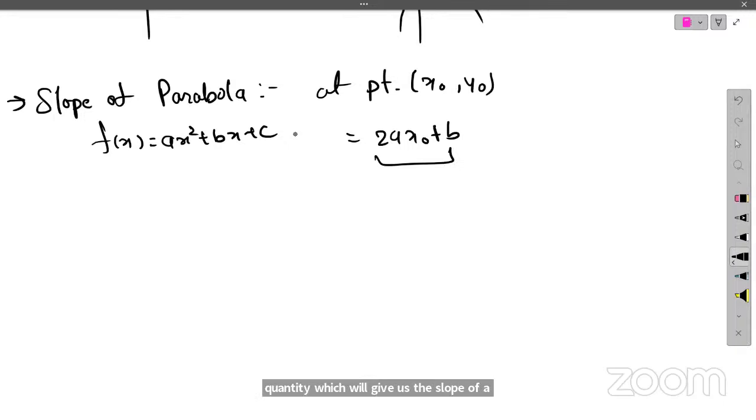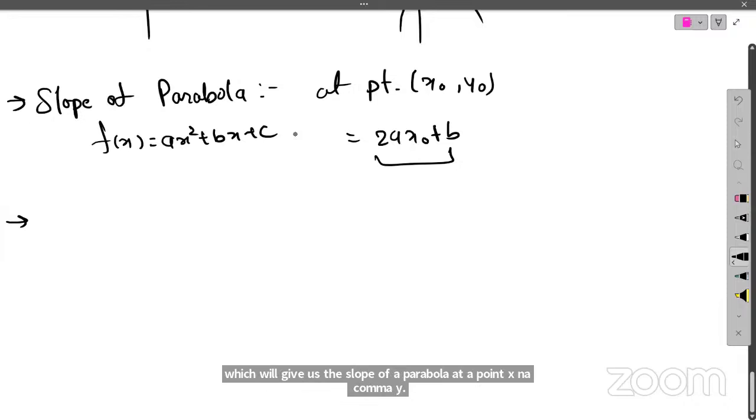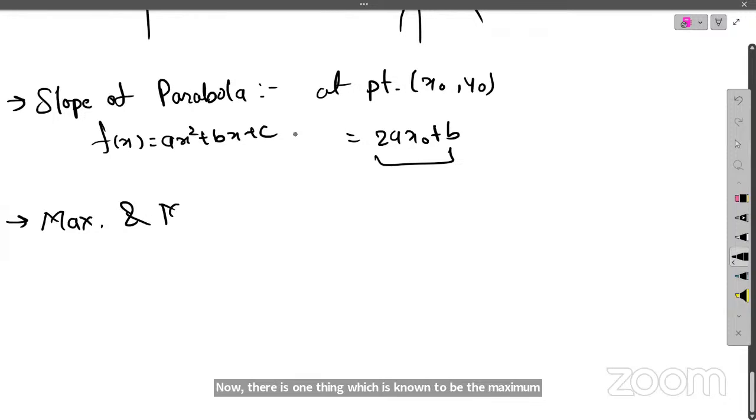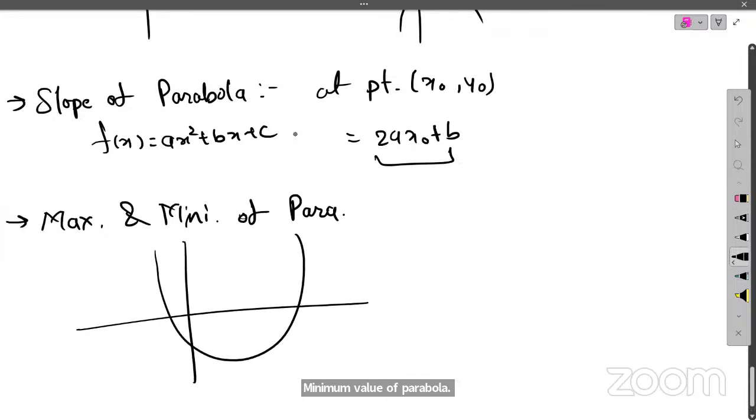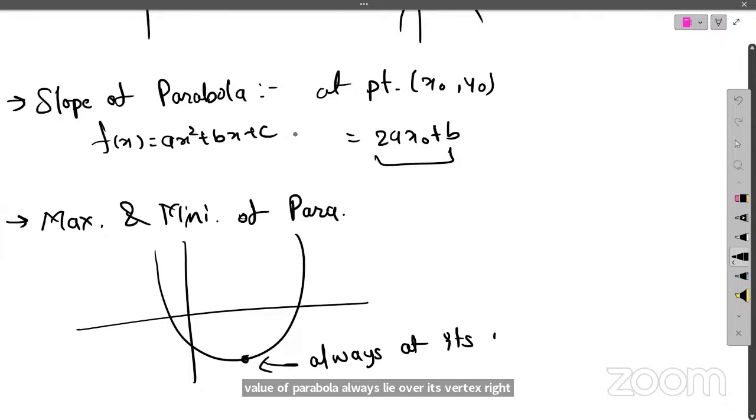Okay, now there is one more thing, the maximum and minimum value of a parabola. If we have an upward facing parabola or a downward facing parabola, the maximum or minimum value of the parabola always lies at its vertex.